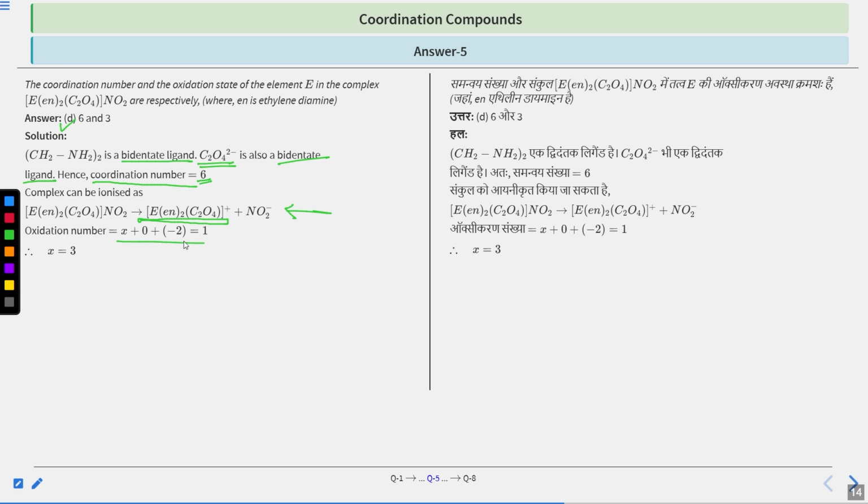Solving this equation, x will be equal to 3. So the oxidation number is coming out as 3 and the coordination number is 6. And thus our option D is the correct answer. Okay, let's move to the next question.